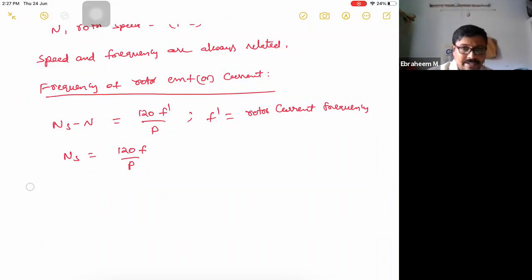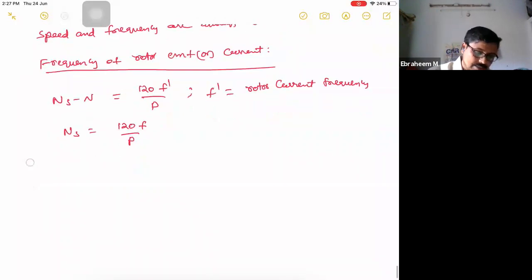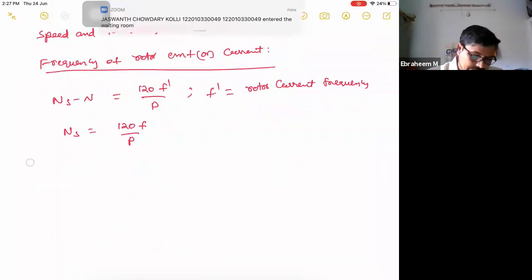To obtain the relation between f and f dash, we can divide.